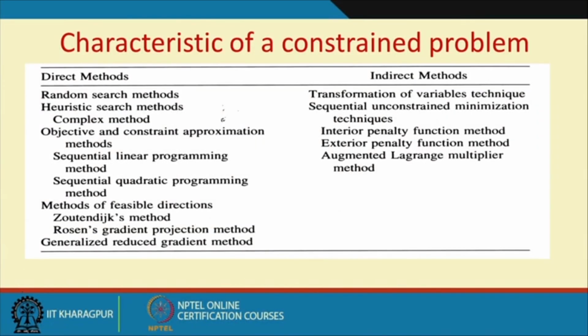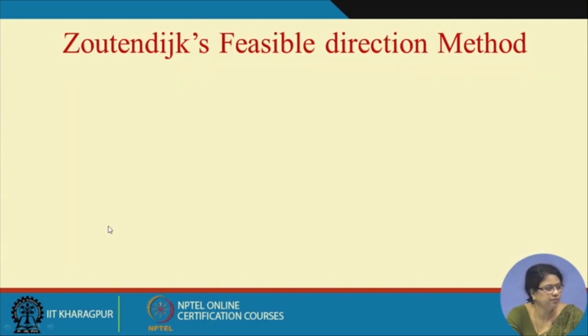One of them, Cayley's cutting plane method, the sequential linear programming method, we have solved. Today I will tell you the method of feasible direction, that is Zoutendijk's method, to solve the constraint nonlinear programming problem. Now, let me tell you the basic philosophy of this feasible direction method first.